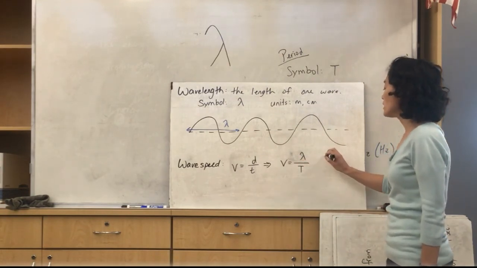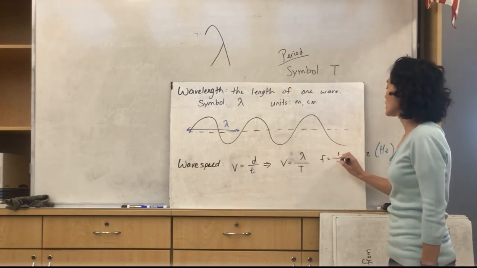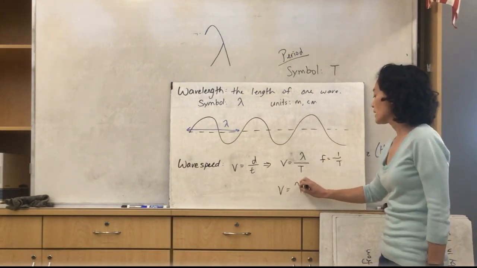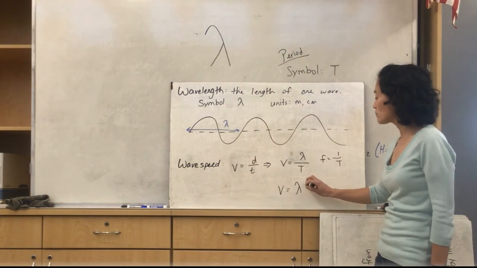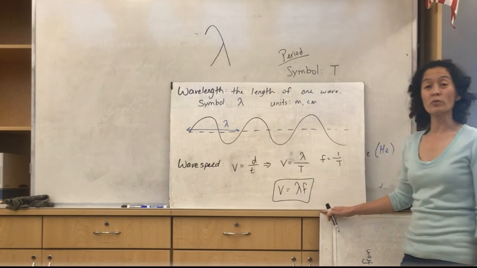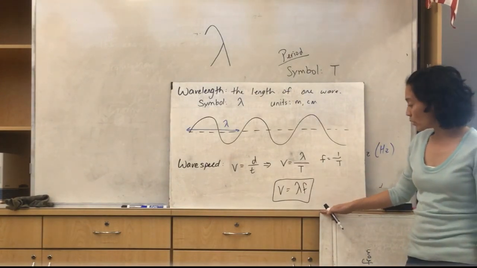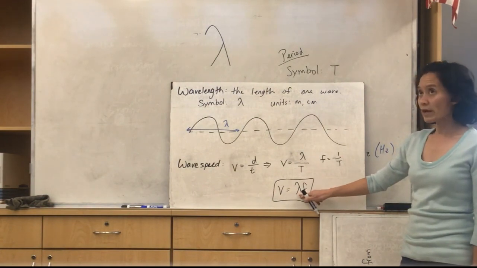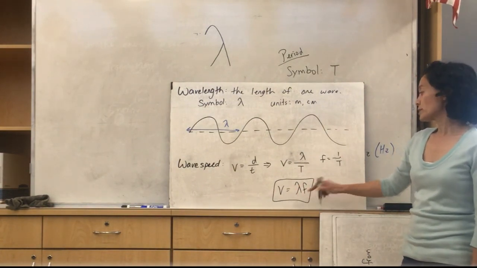But recall that frequency is just 1 over period. So that means I could represent my wave speed as wavelength times frequency. And this is often the form we see for wave speed, the wave equation, where the speed of my wave is equal to the wavelength of my wave times the frequency.